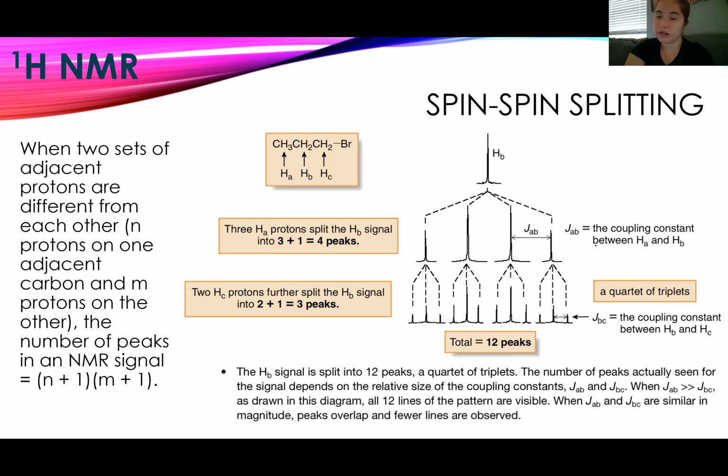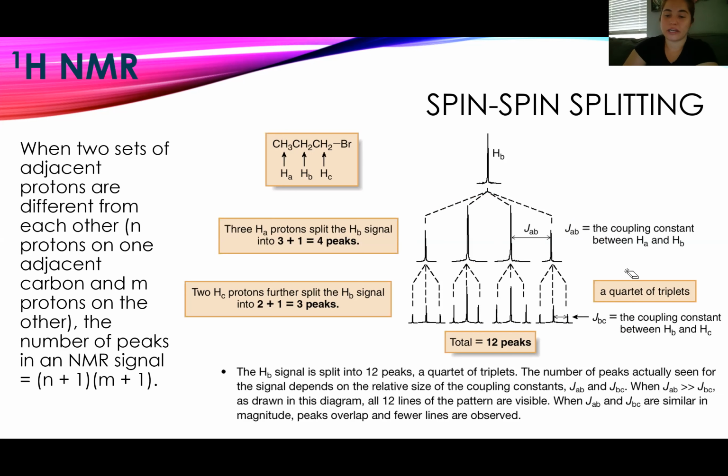If the coupling constant JAB is greater than the coupling constant JBC, then the JAB splitting will be prevalent and will happen first. So that's what the situation is here. If JBC were the greater coupling constant, we would have a triplet of quartets.